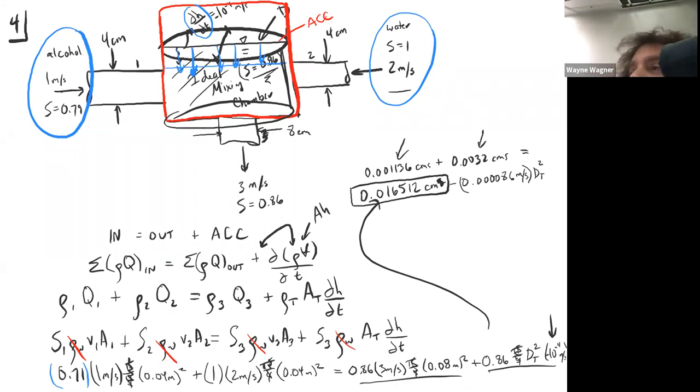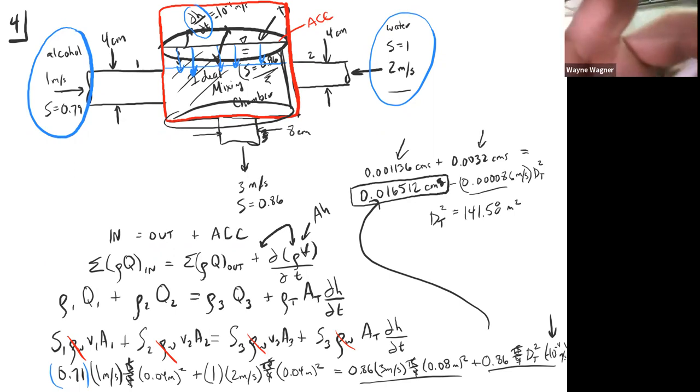And then we'll divide that by this number, 0.0000, oh, those are decimals, 1, 2, 3, 4 zeros, 86 equals, so dt squared equals 141.58 meters squared. And so we take the square root of that.